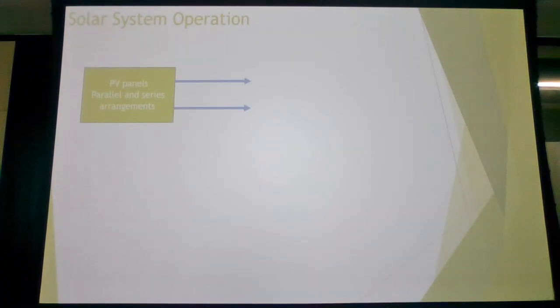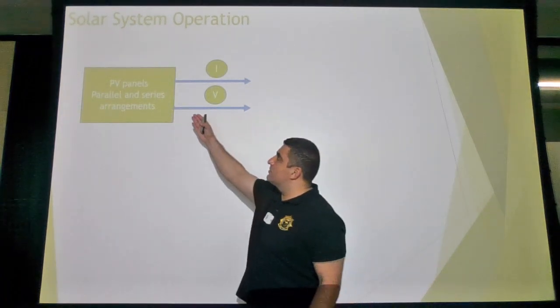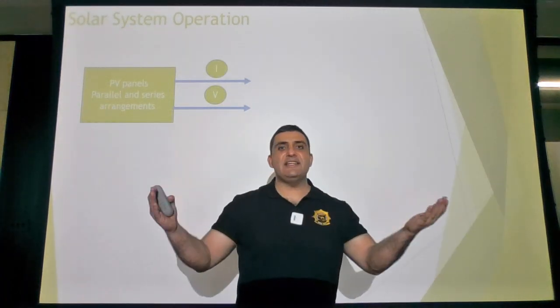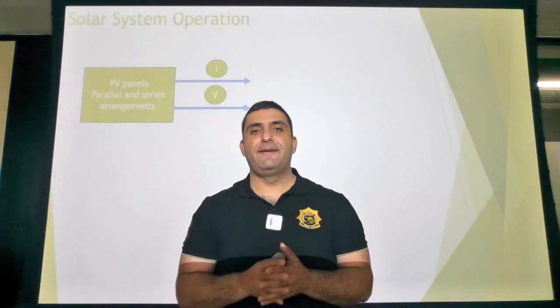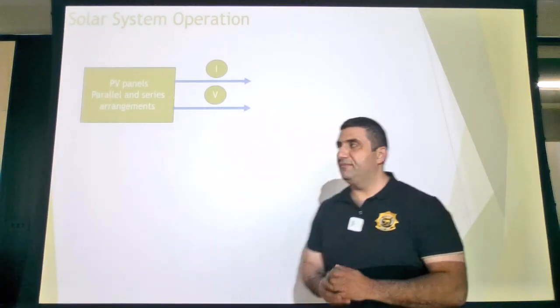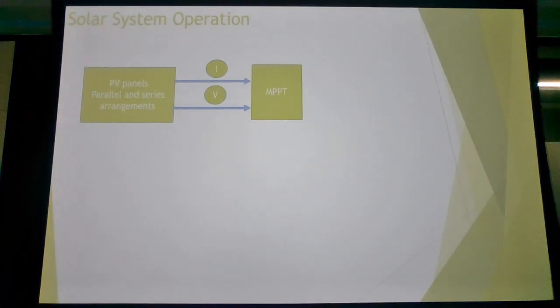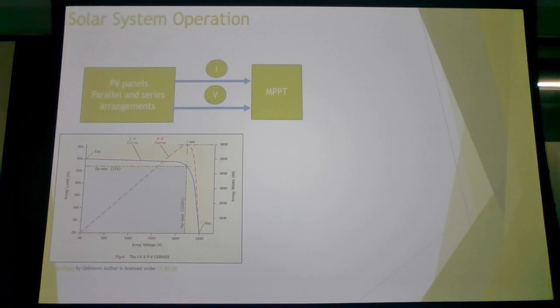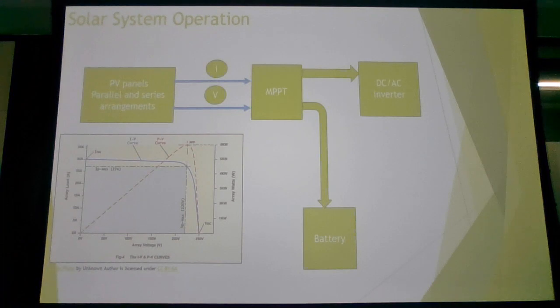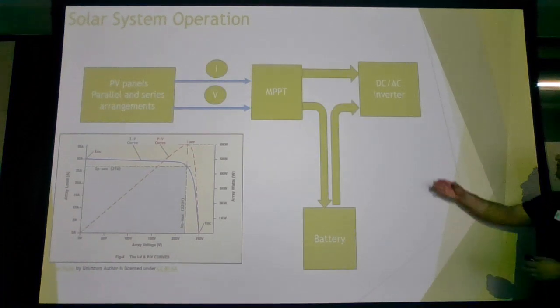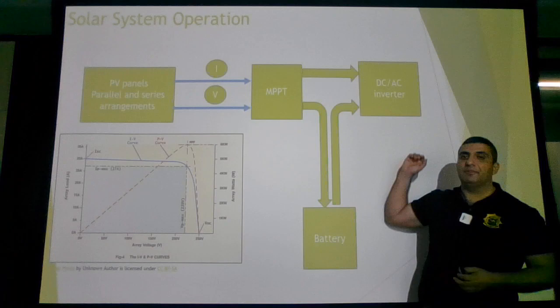Now, we want to show you a diagram of how the solar system works. These PV panels can be connected in series and parallel, depending on your inverter and your MPPT requirements. It will go to your MPPT to track the maximum power point, and then it will charge the battery, and also go to the inverter, and also from the battery goes up.